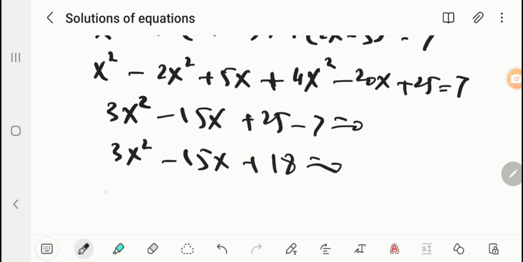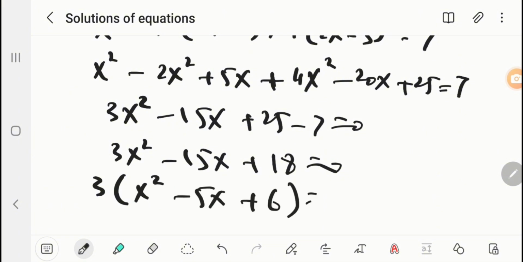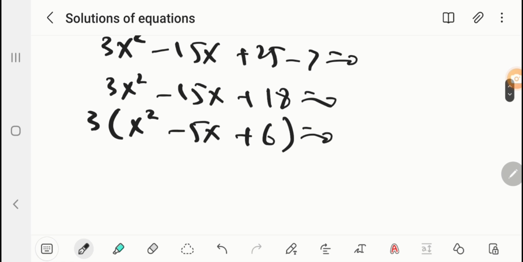We can take 3 as common, so it will be x squared minus 5x plus 6 equal to 0. I can remove the 3, so the final equation will be x squared minus 5x plus 6 equal to 0. Now this is a simple quadratic equation and I have to solve this by factorization.